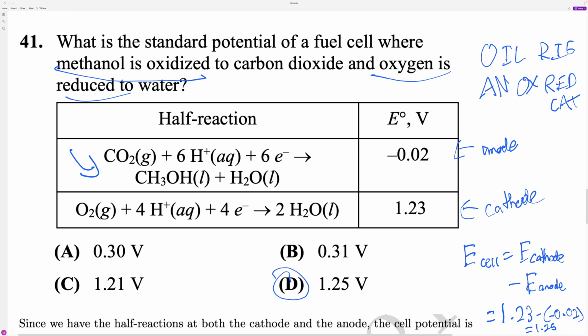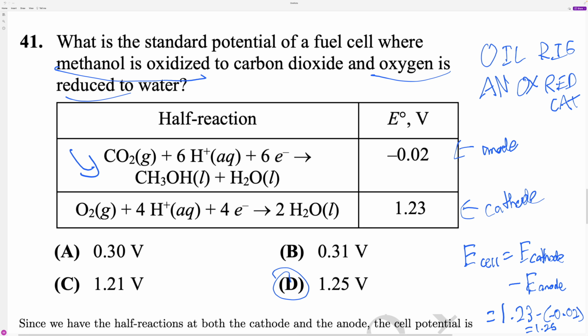And the reason for that is that some past problems have used only one electrode and have combined two half reactions into one reaction and asked you to find the standard potential of a cell like that, which is not actually a fuel cell because that's going to require two electrodes.